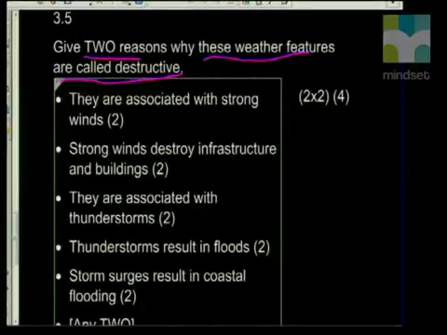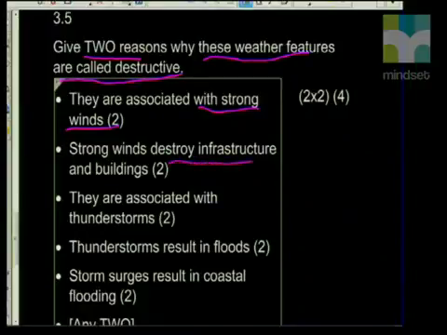Can you see they're associated with strong winds? We can get winds over 200 kilometers an hour, and that's very fast, even faster than my skoro. Strong winds destroy infrastructure and buildings, roads, houses, especially in the informal settlements. It's terrible.